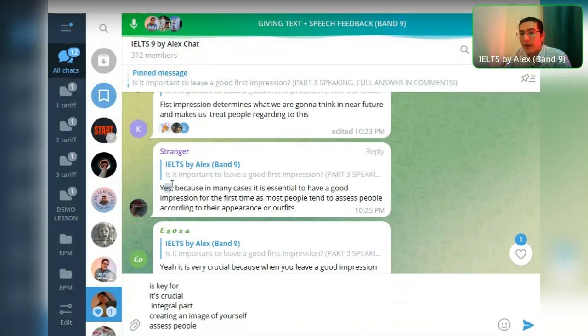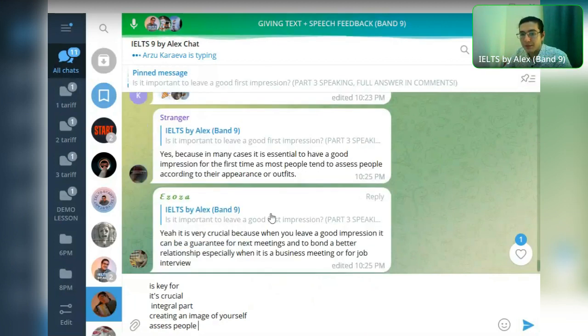So many people tend to assess people doesn't sound very good to use the same word twice. So I'd say it would be better to say, it is essential to have a good impression for the first time, as many people tend to assess others according to their appearances or outfits.